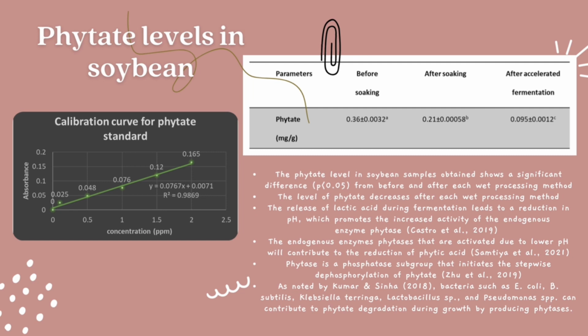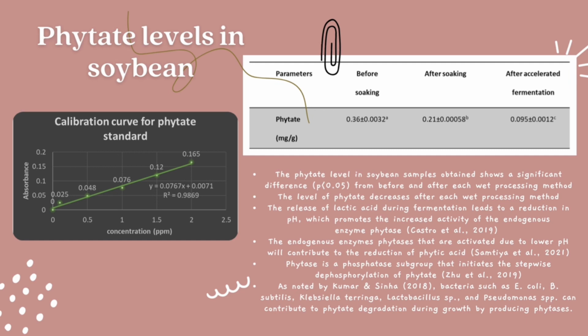0.21 to 0.095. This is because, as mentioned previously, during the process of accelerated fermentation, the sample was combined with the cultured lactic acid bacteria. So this cultured lactic acid bacteria, as noted by Kumar and Sinha, bacteria such as E. coli, Bacillus, Lactobacillus and many more can also contribute to phytate degradation by producing phytases, which is known as extracellular phytase or microbial phytase.